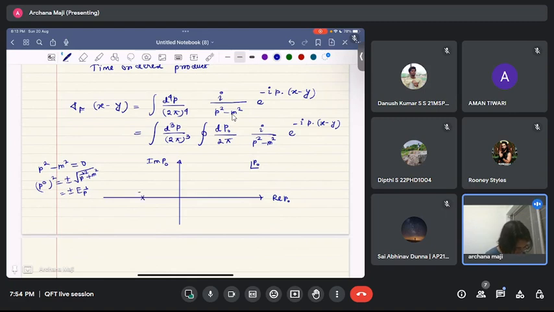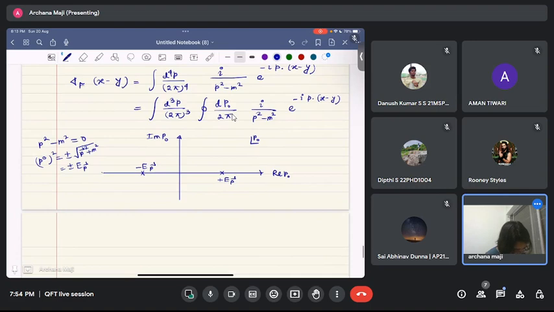This is minus E_p and this is plus E_p, and the contour that we need to choose is like this. Now let's see explicitly how this contour works.